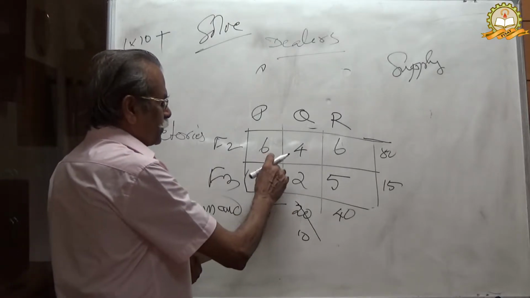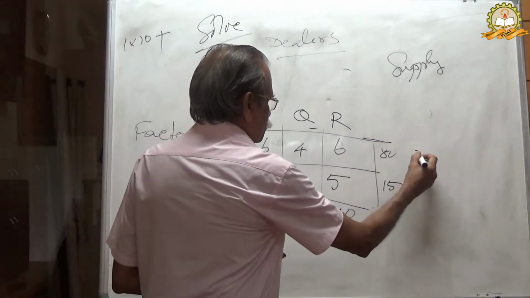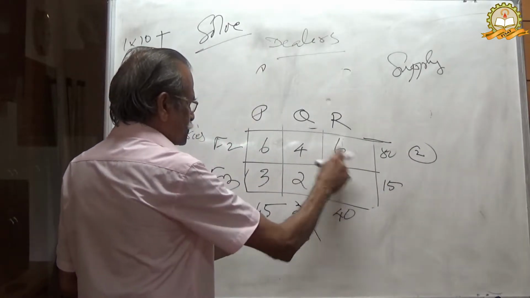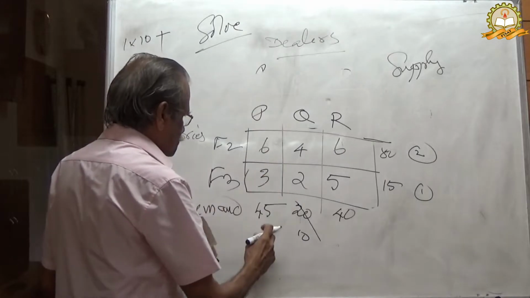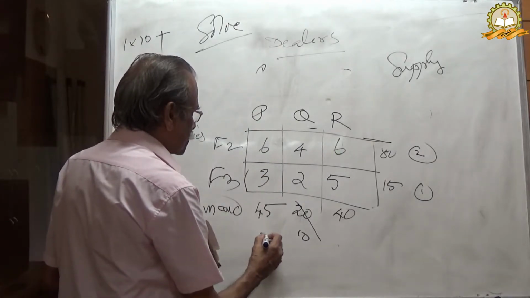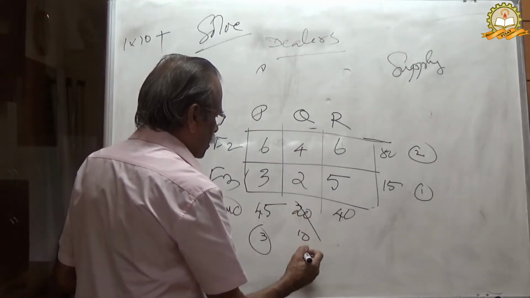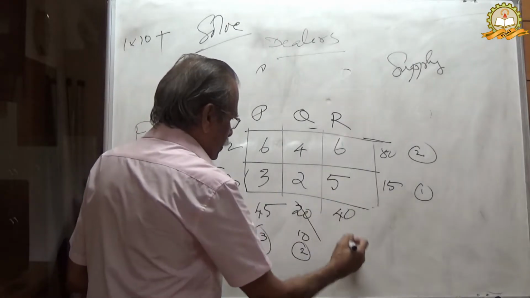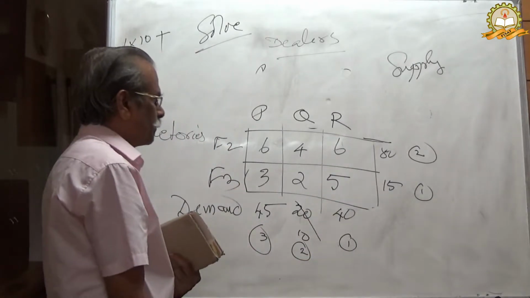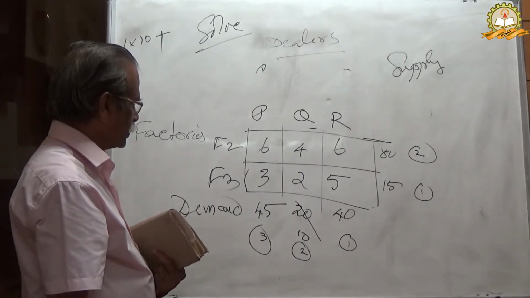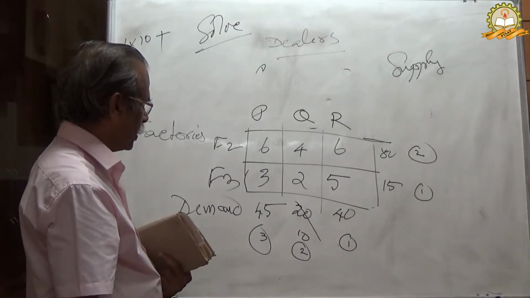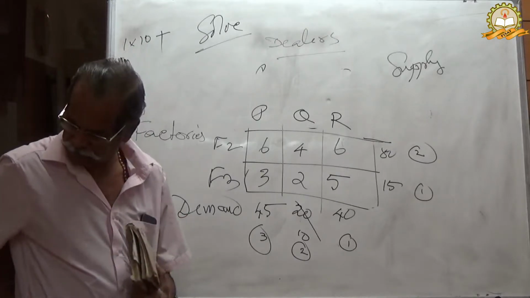The penalty for the first row is 2, 4 and 6. In the second row it is 1. In the first column it is 3, in the second column it is 2, in the third column it is 1. Row wise, 2 and 1. Column wise, 3, 2, 1.